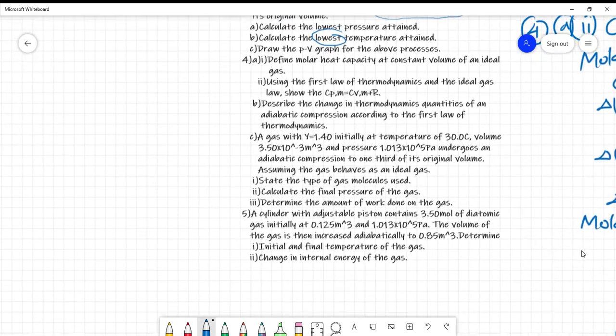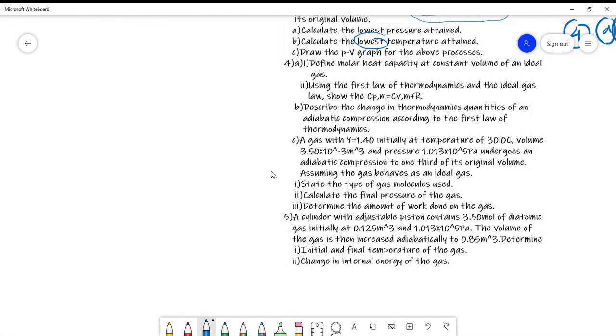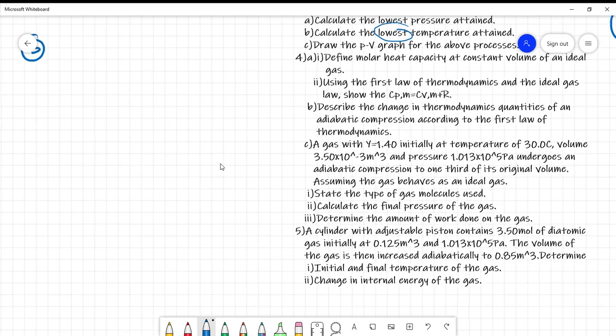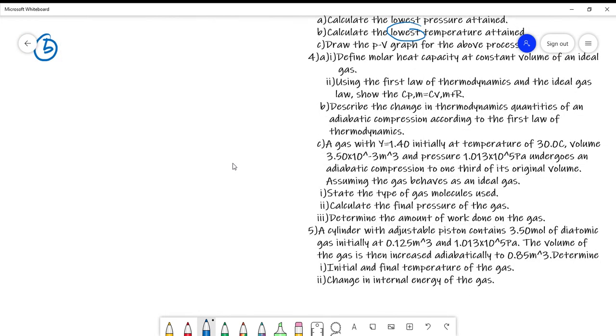Alright, so let's just move on to B. So let me just write here. Okay, so this is my B. Describe the change in thermodynamic quantities of an adiabatic compression according to the first law of thermodynamics. So according to the first law of thermodynamics, Q equals the change in internal energy plus the work done. Okay, so this is adiabatic compression.